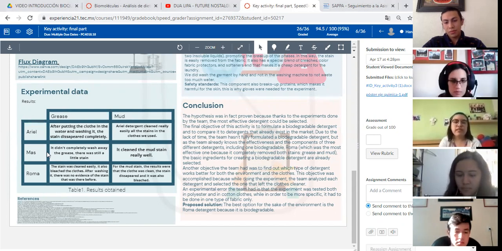Yes, because we tried to see the different types of detergents, and each detergent works differently.